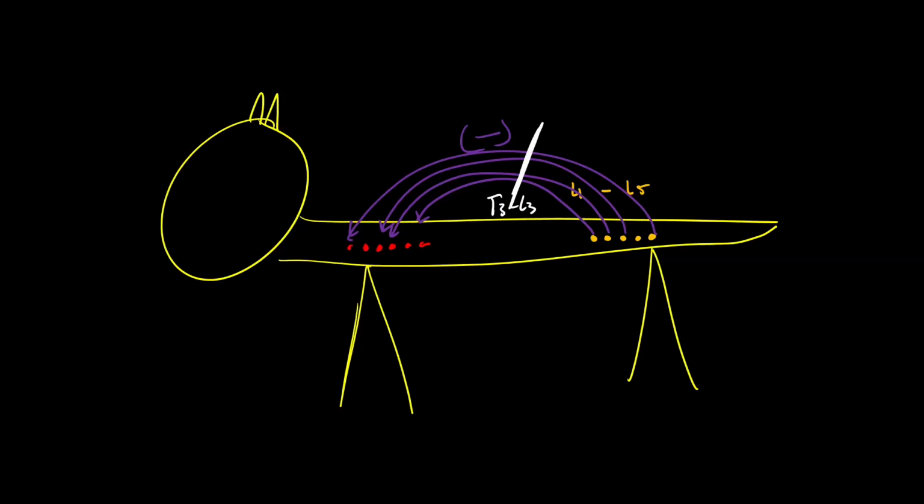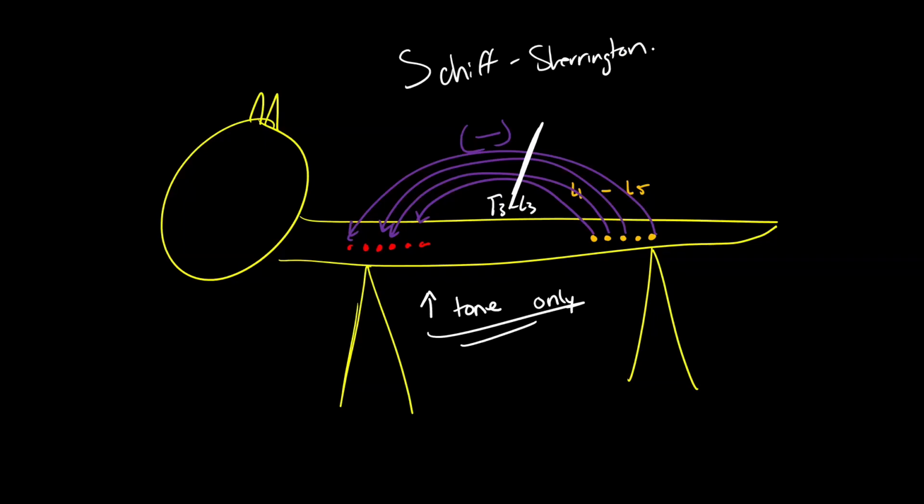When we lose this input, what we get is increased tone only with Schiff-Sherrington. Your proprioception is normal. Your motor is technically normal, but again, you have to read both of those through increased tone, and your reflexes are normal, which is also difficult to read through increased tone, right?